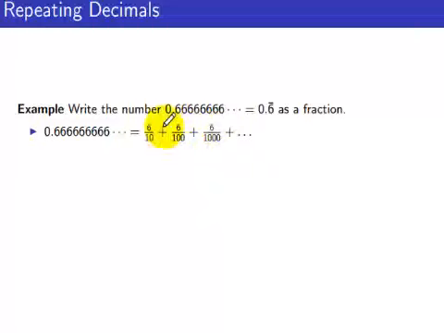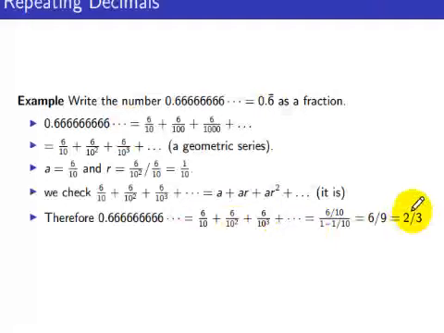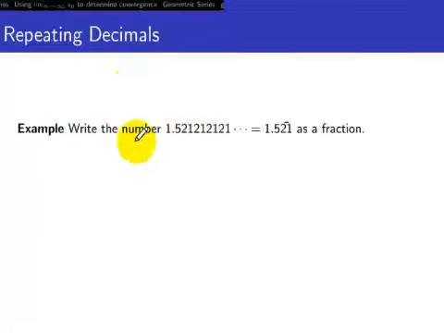And here this is a geometric series, then you can find the sum of that. The common ratio is 1 over 10, which is less than 1, that means this infinite sum converges to a finite number, which is that. Here look at that, the sum of this infinite series is equal to 2/3.